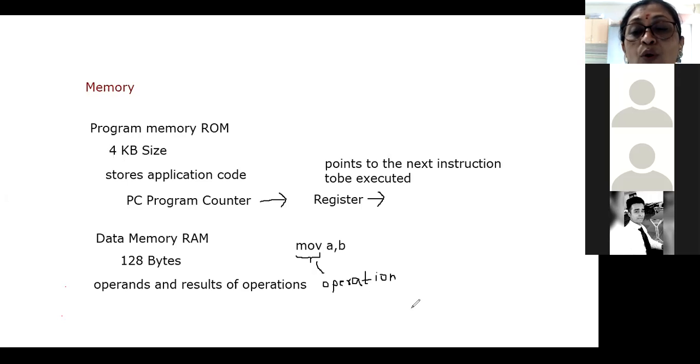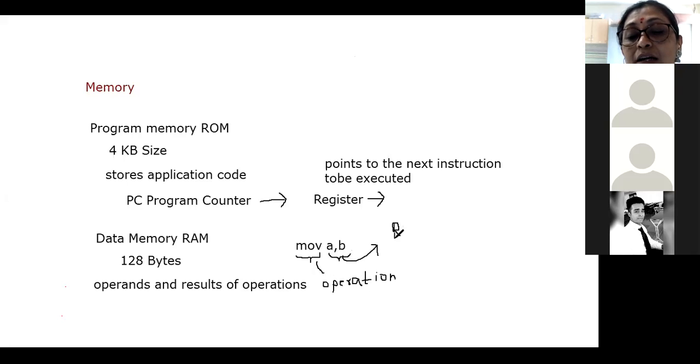Okay. So move is a English type short form. It is called as a mnemonic in technical language. And here you can observe small a and small b. What are these?